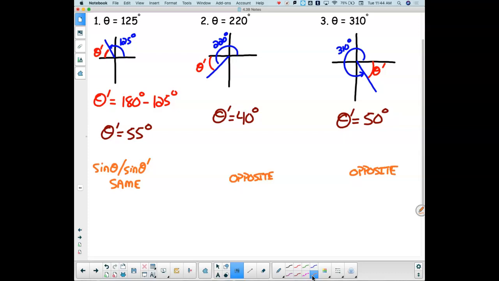Okay, now compare cosine. Cosine of the reference angle and the actual angle.